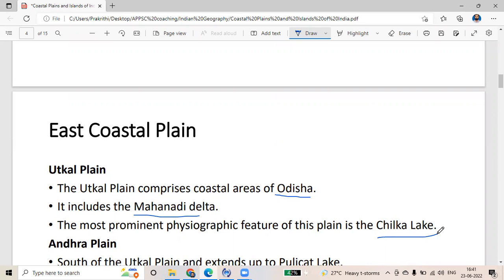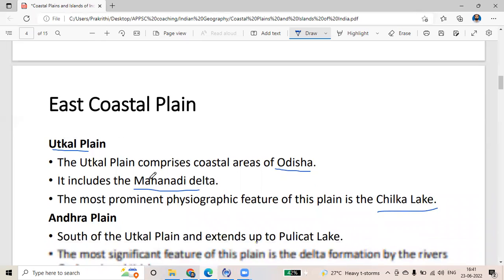As these are depositions of the rivers, very near to the coastal area there will be salinity. Other than that, these are alluvium depositions, so this area is very good for agriculture.